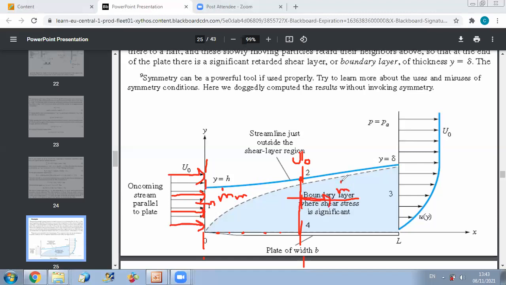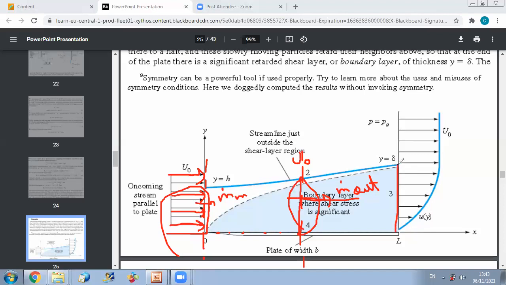And in order to have the same mass flow rate, I should have a variation of thickness. Why? Because here all velocities are equal to u0, while here I have velocities moving gradually from 0 to u0. This means that I have a region of lower velocities, and to conserve the mass flow rate, this requires an increase in thickness.